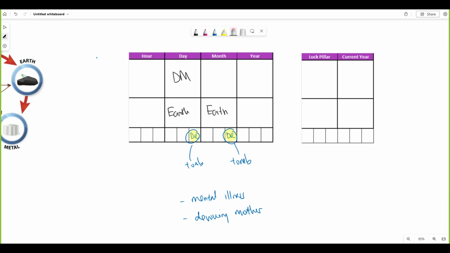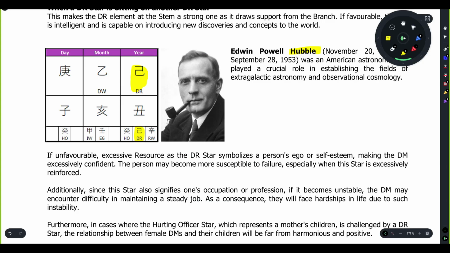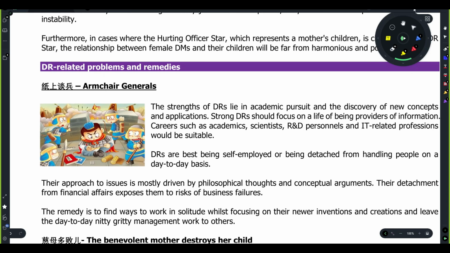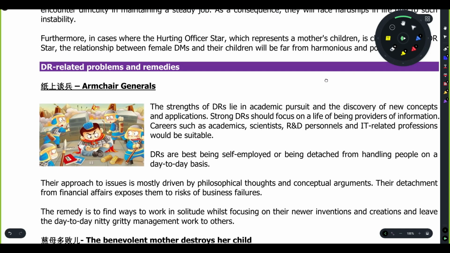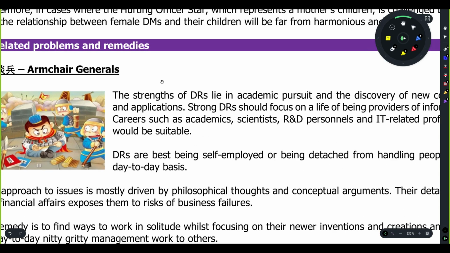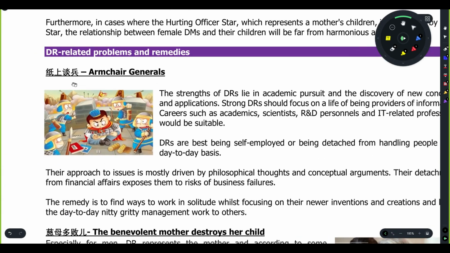Now let's look into what other problems we also see. Let's look into direct resource related problems. There is an idiom in Chinese, 纸上谈兵, which literally means discussing military affairs on paper.